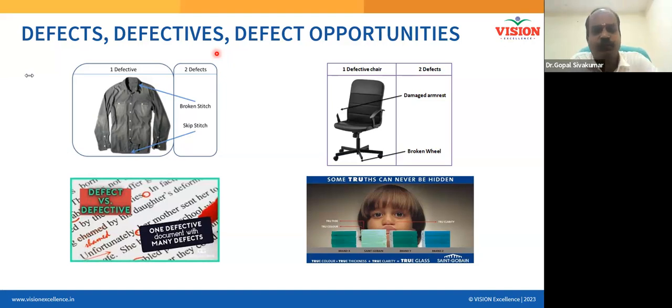So presence of one or more defects in a product can make the product become a defective one, right? Even you can't rework it. If you can do something about it, you can still call it a product with some defects present. You can put it under the defect category. But if you can't do anything, then you have to put it under the defective category. Hope it is clear to all of you.